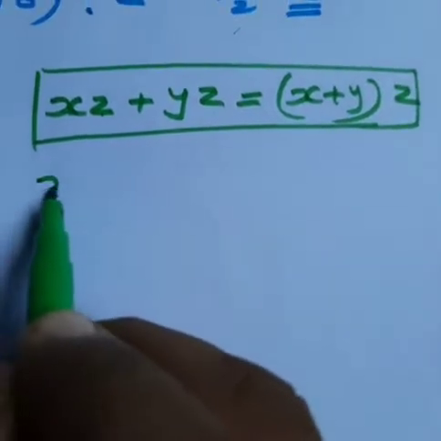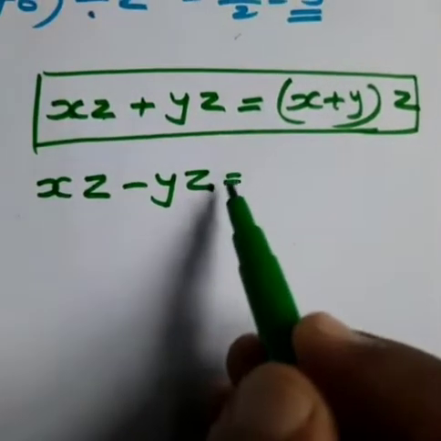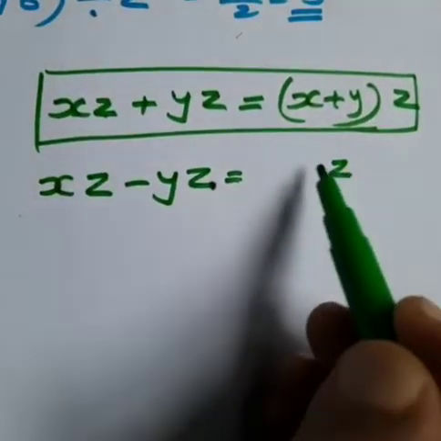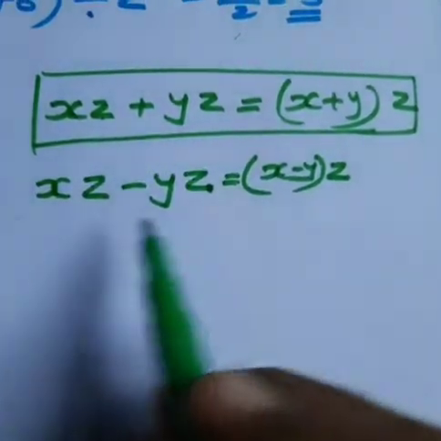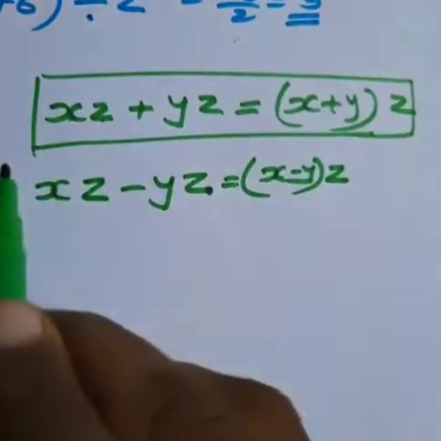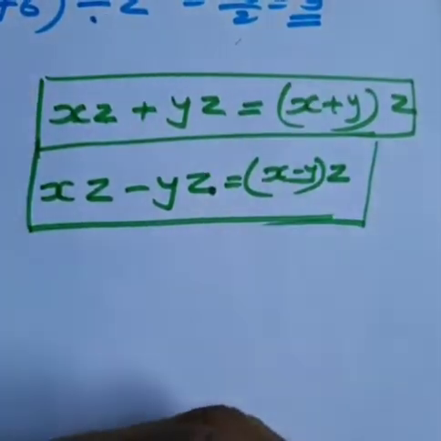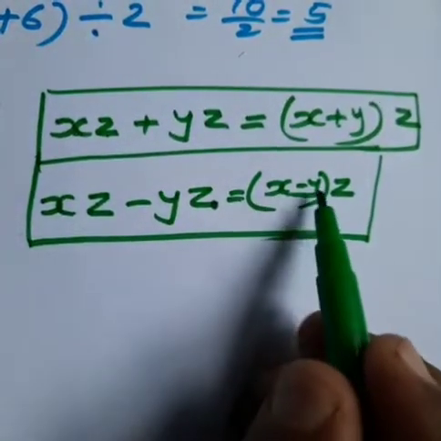So it is xz minus yz is equal to, what is common here? Z is common, and for x and y take the subtraction. So xz minus yz is equal to x minus y into z. That is also a general equation. Subtraction is here, addition is here. So x minus y into z.